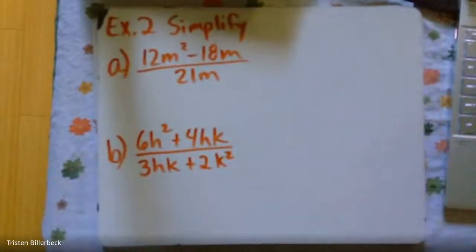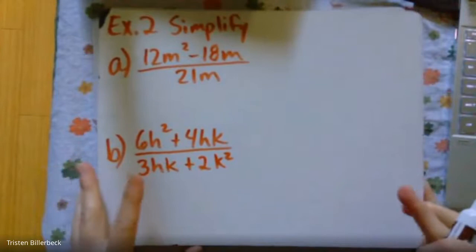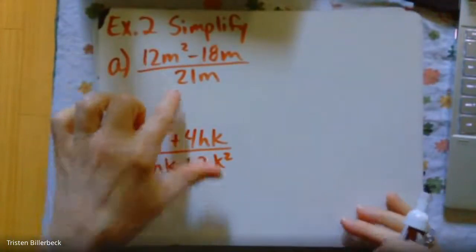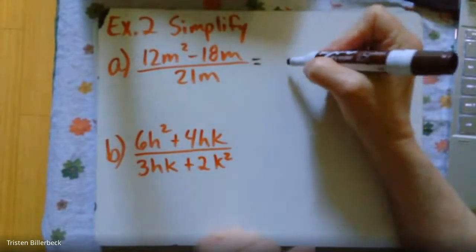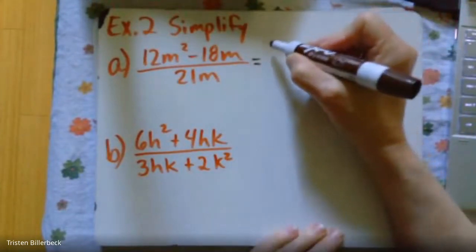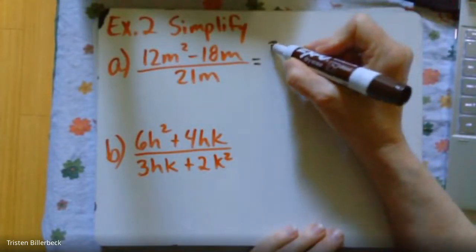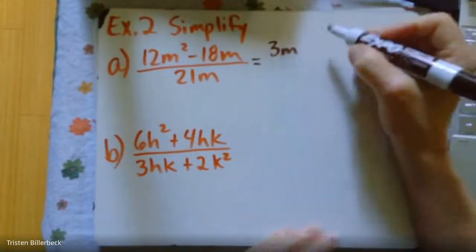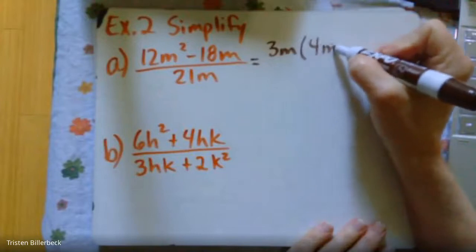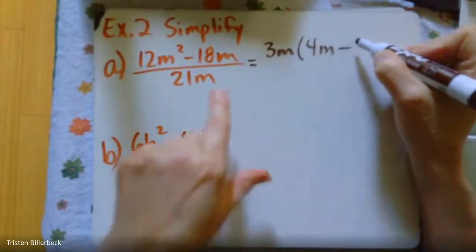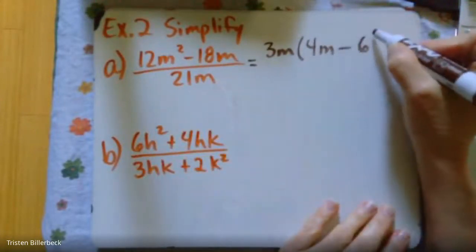All right, let's take a look at this one. I'm looking at all these, and that's what I see looking at my Where's Waldo game. I see I have 3m that I can take out up here, and that leaves me 4m minus, and 3 times 6 is 18.